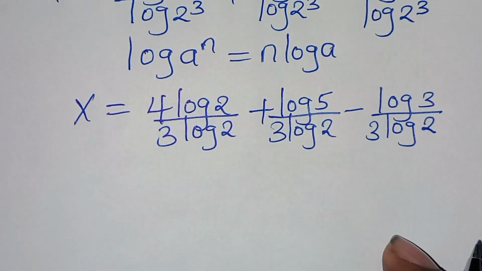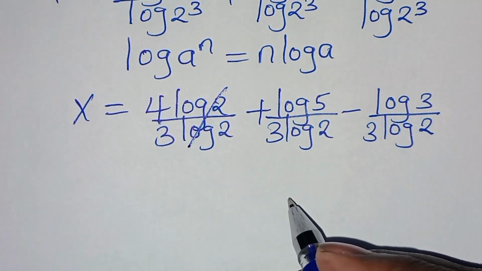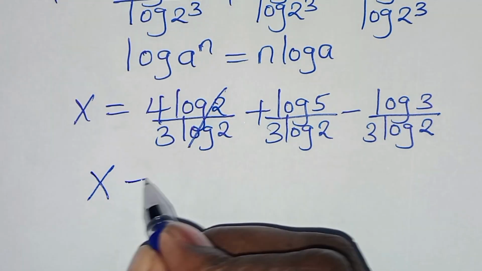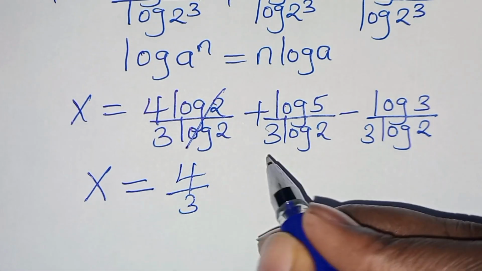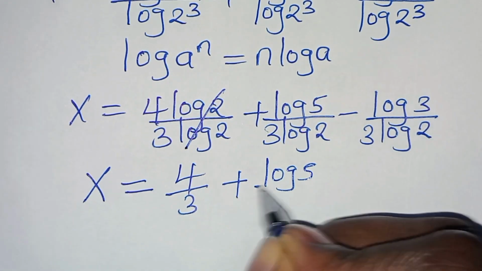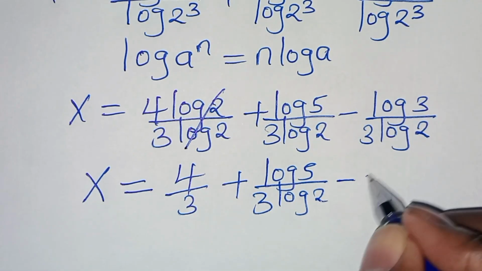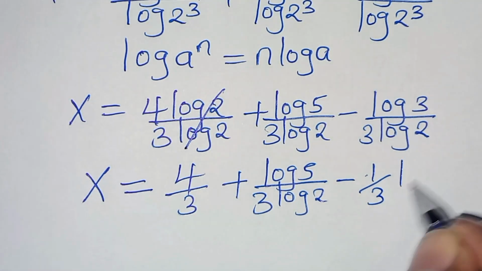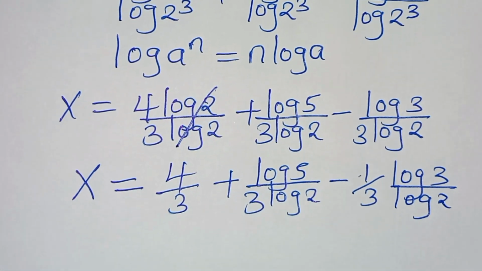The next step is to simplify here. Let's simplify log 2 and log 2, so that now here we have that x is equal to 4 over 3 plus this is log 5 divided by 3 log 2, then subtract this is a third log 3 divided by log 2.